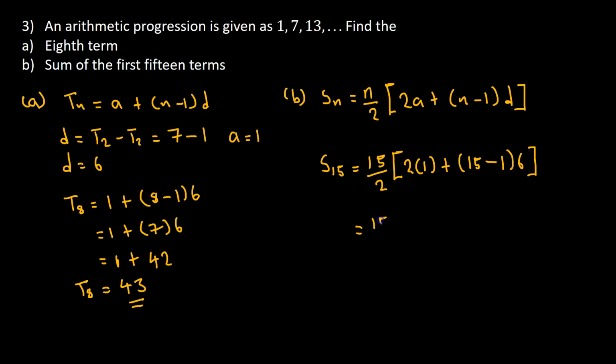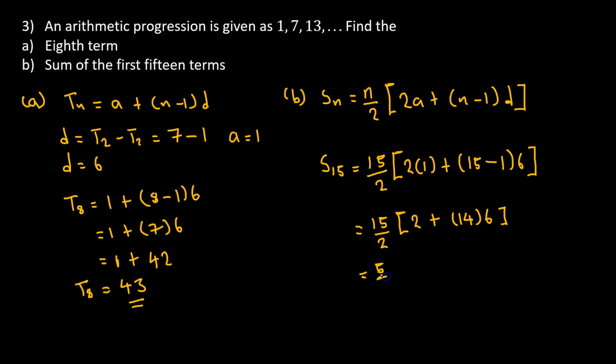So we can write 15 over 2. What is 2 multiplied by 1? That is just 2 plus, and then 15 minus 1, we have it as 14. So you can write 14 and then multiply by 6.